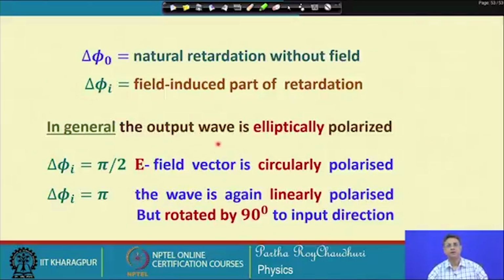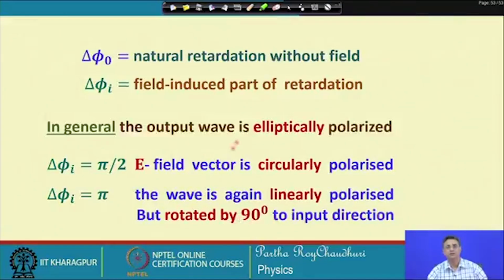In general, the output wave is elliptically polarized, but if your induced birefringence, which is an electric field dependent, voltage dependent property, is equal to pi by 2, then the electric field vector is circularly polarized at the output, but if it is pi, then it will be linearly polarized. So, by changing the voltage from 0 to pi, you can have linear to circular to linear and back to circular, and so on, rotated by 90 degrees to the input direction.